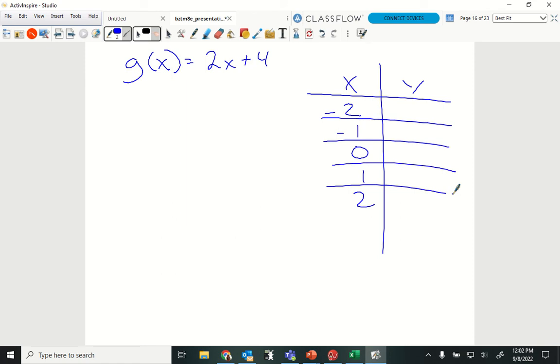Do the same steps right here on this. Right, same steps, same steps.